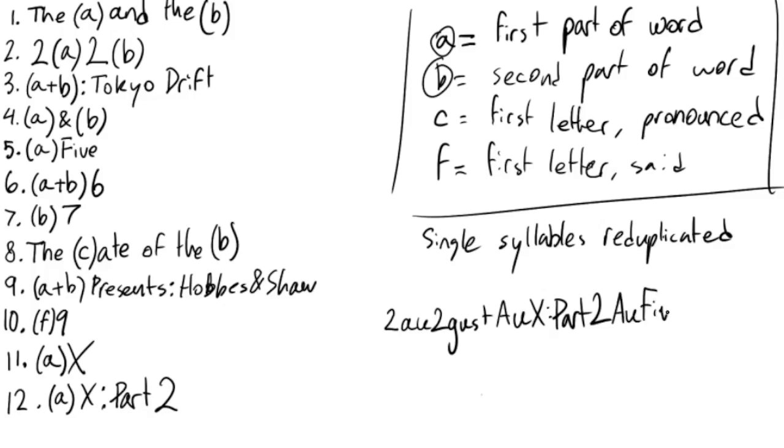Oops. Okay, so the 29th of August ends up being 2 or 2 gust, or X part 2 or 5.